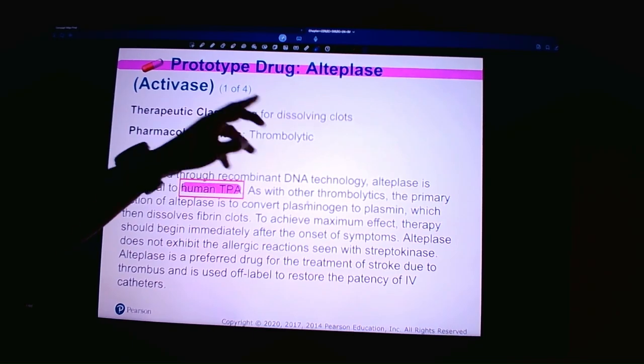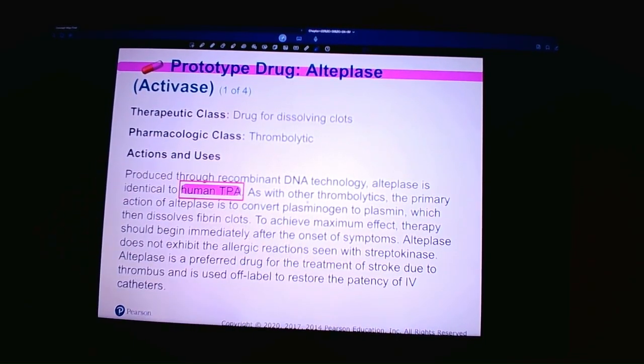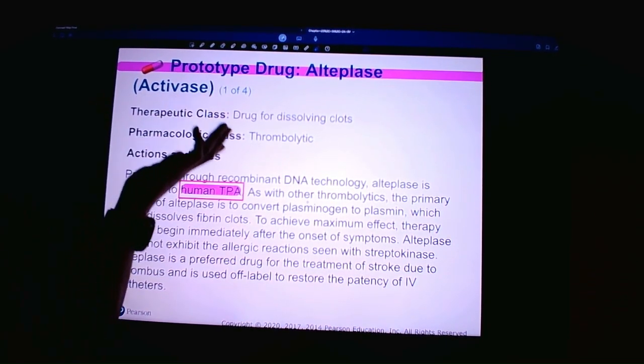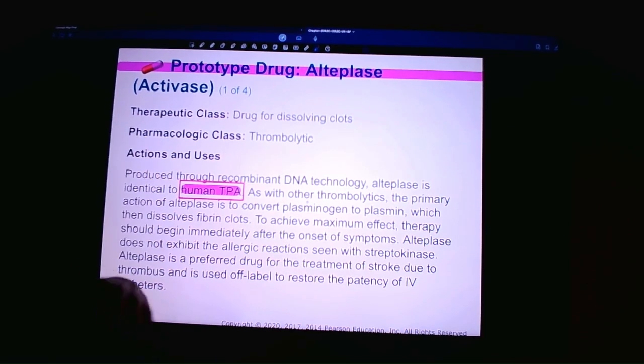So here it is, alteplase, Activase, right? We can remember the trade name because alteplase is very similar to TPA, which is that tissue plasminogen activator. Look at that, Activase. There it is, right? Activase, active vessel, active. There's so many ways to kind of remember that one. So thankfully, that one's a little bit on the easier side.